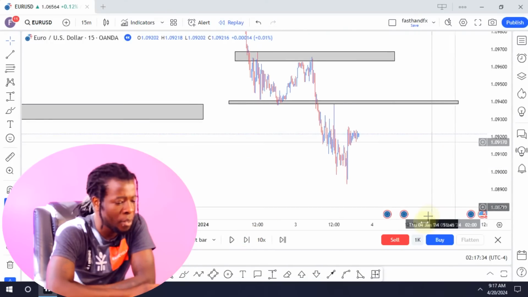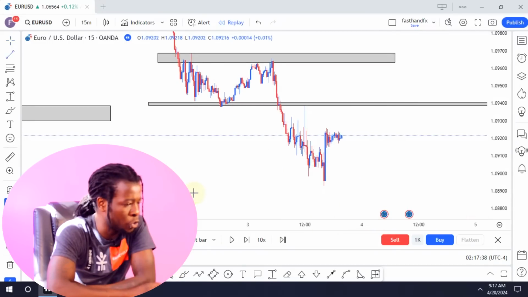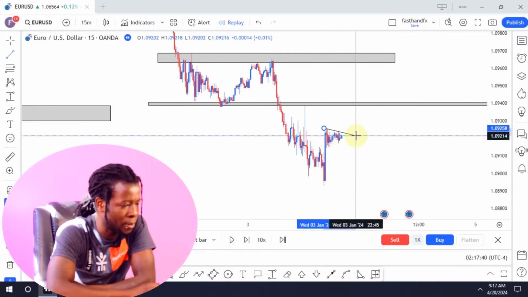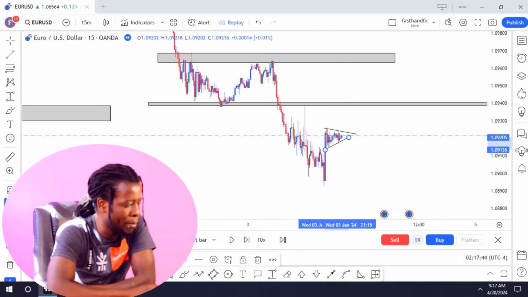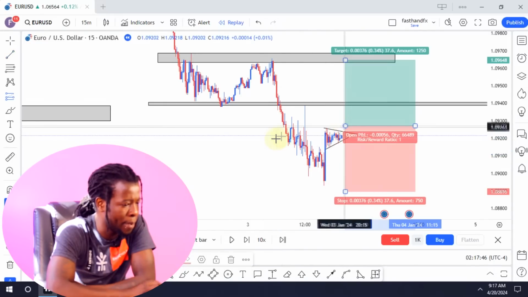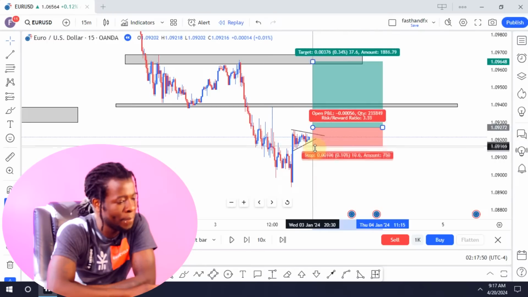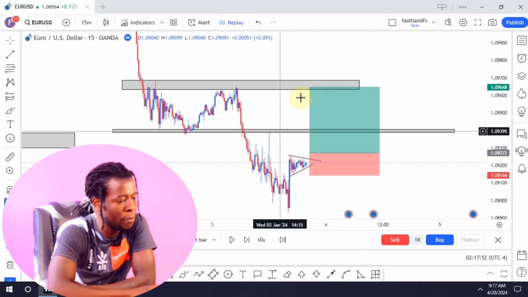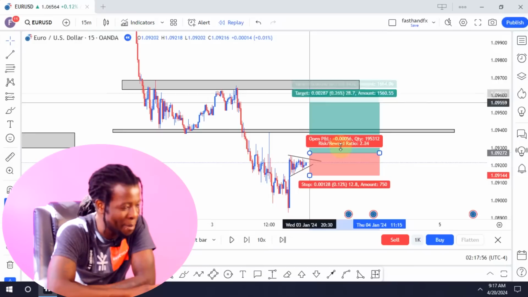Wait. Now, over here, I might call this a continuation pattern. Okay, this one. I might call this a continuation pattern, and a break above, I should take a buy, and I have a stop loss right here, something like 12 pips. Of course, TP, that's 37 pips, guys, more than a scalp.